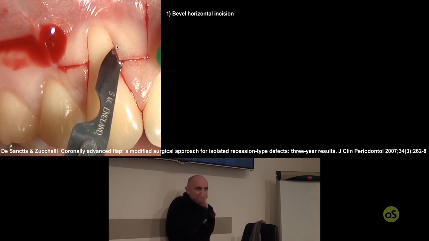So when you elevate a papilla split thickness, it means that in your brain, you want to get with your blade as soon as possible parallel to the external surface, not parallel to the bone.